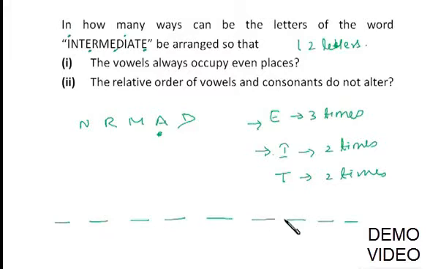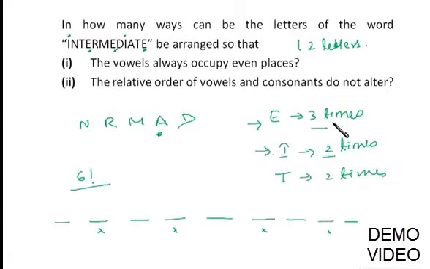In these 12 places, vowels should be at even places, so we have 6 choices. And we have 3 plus 2, 5, and 1, 6 vowels. So all the 6 positions will be filled by the 6 vowels. Now 6 vowels on the 6 positions can be arranged in 6 factorial ways.